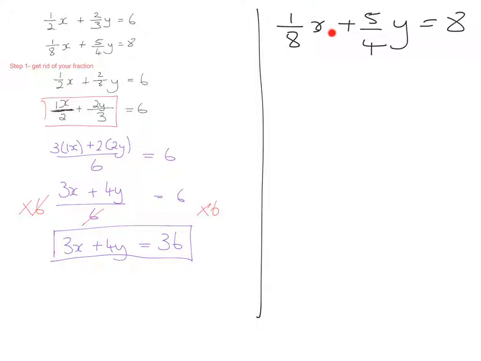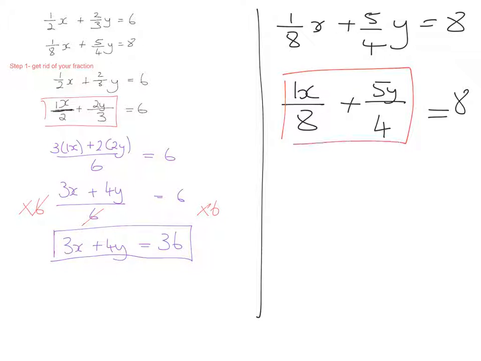So 1/8 of an x is the same as writing 1x over 8, plus 5/4 of y is the same as writing 5y over 4 equals 8. You can see on this side now I have adding fractions. And how I add fractions is I get my common denominator. The common denominator between 8 and 4, I could use 16, or I can also use 8. So I'm going to use 8 myself.